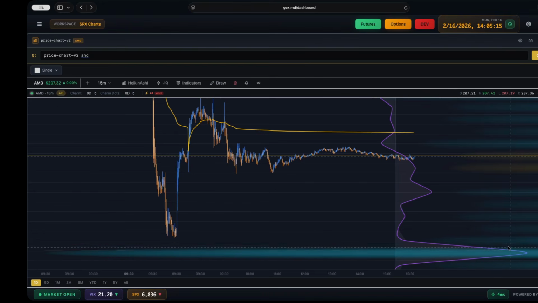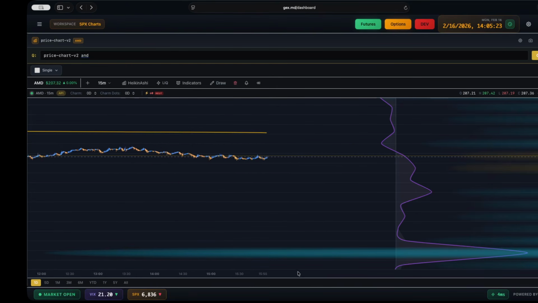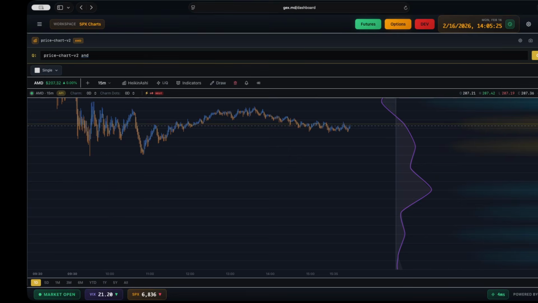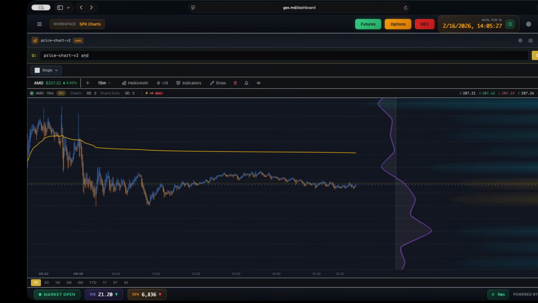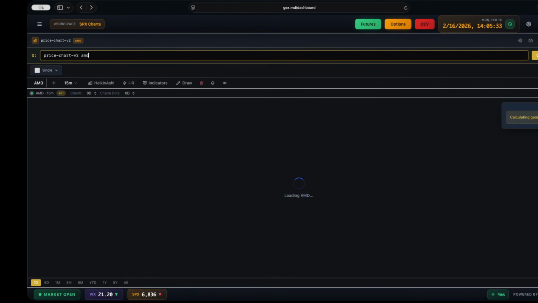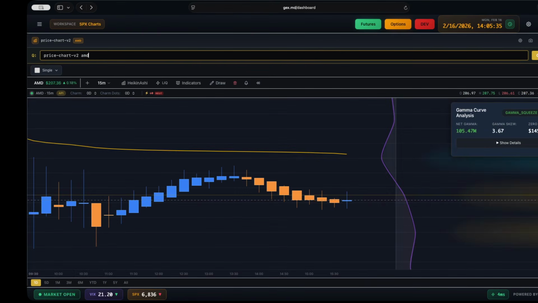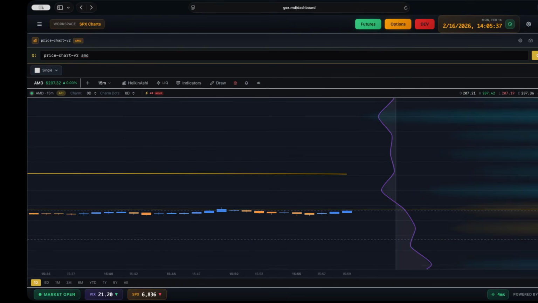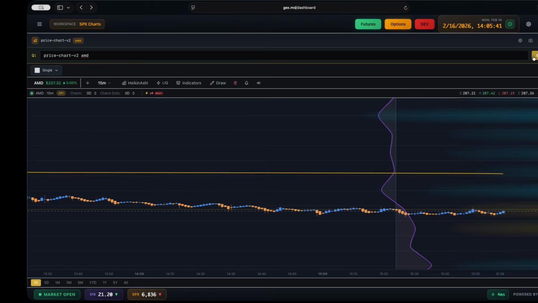Magnet right here in A&D. That's the one we see on the other side, on the surface.